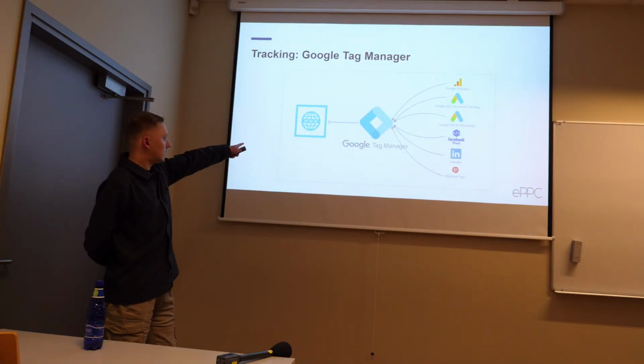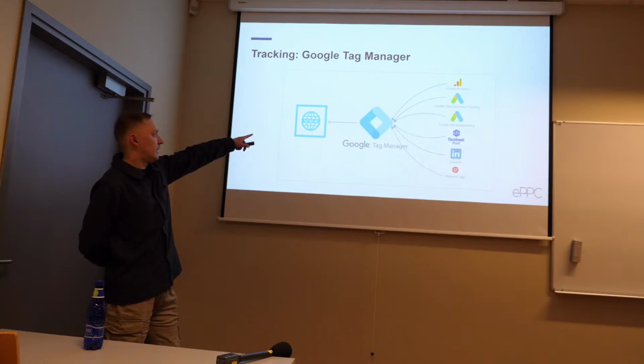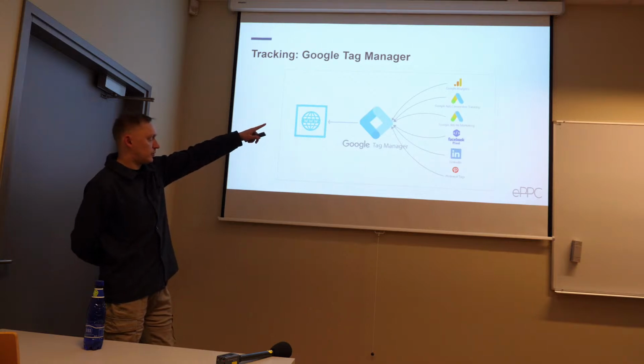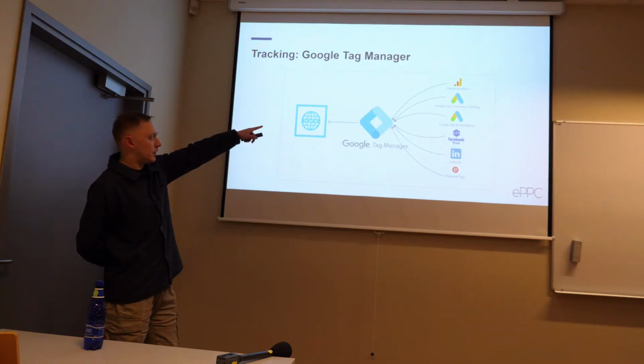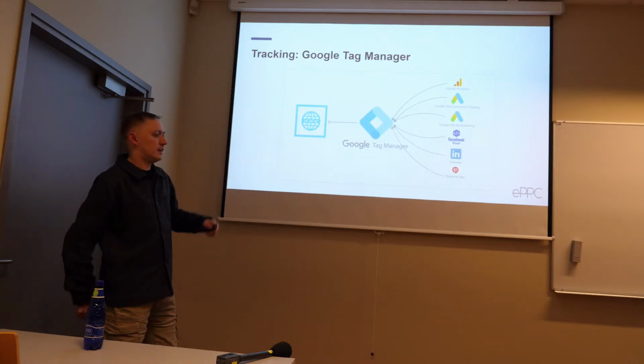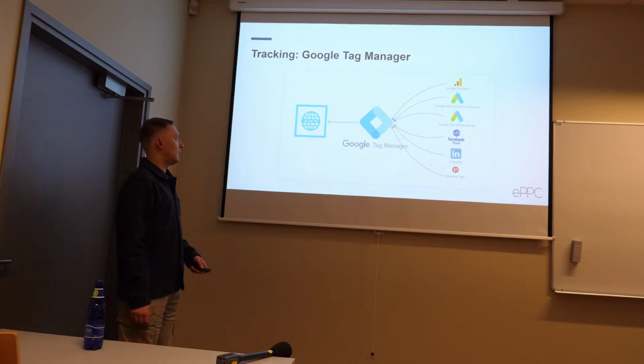Here is also an illustration: your website is on the left, and Google Tag Manager uses all the tracking codes and puts them onto your website, basically. They exchange information.